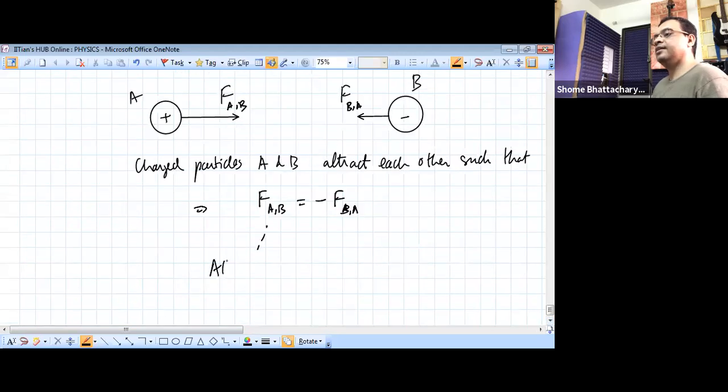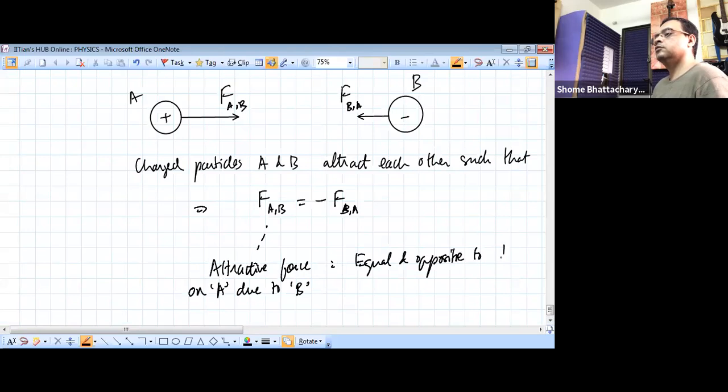So the attractive force on A due to B is equal and opposite to the attraction force on B due to A. So this is the action.